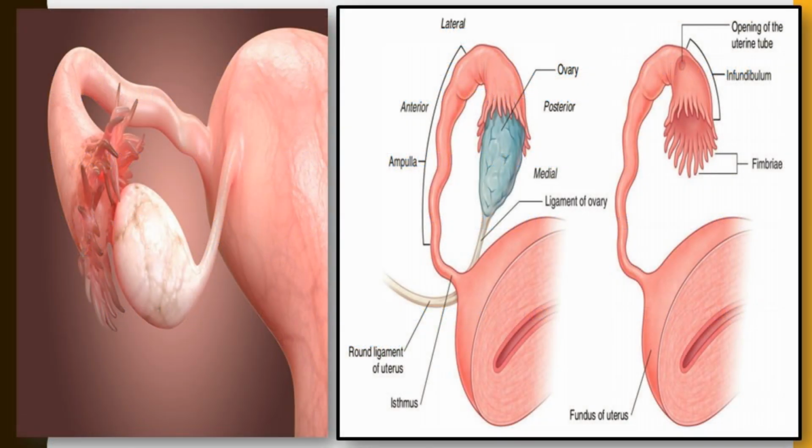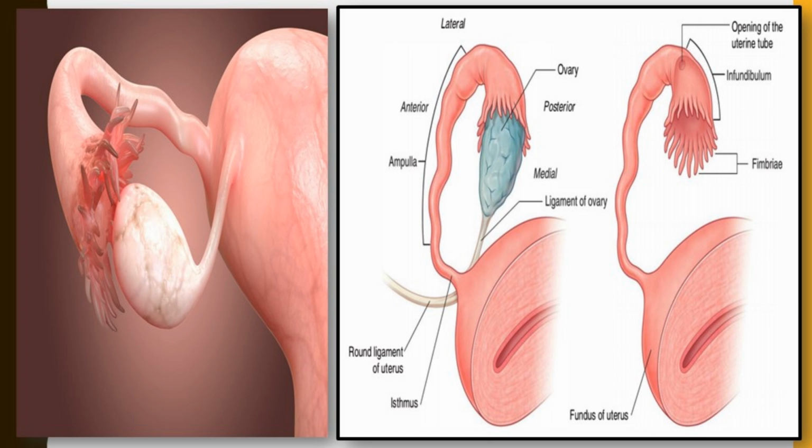Now the next part is the fallopian tubes. You can see a pair of fallopian tubes from the diagram. It is also known as oviducts or uterine tubes. The oviducts, uterus and vagina constitute the female accessory ducts.